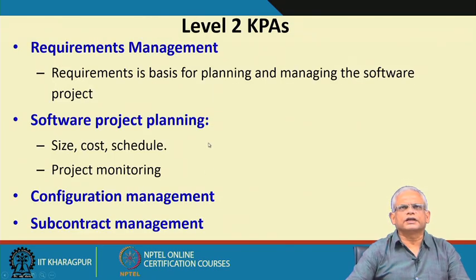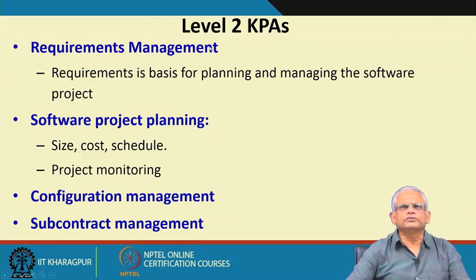Now, let us see what the KPAs are for the different levels. For level 1, there are no KPAs, because every organization is by default in level 1, and KPAs are those process areas which an organization must focus on to come to that level.